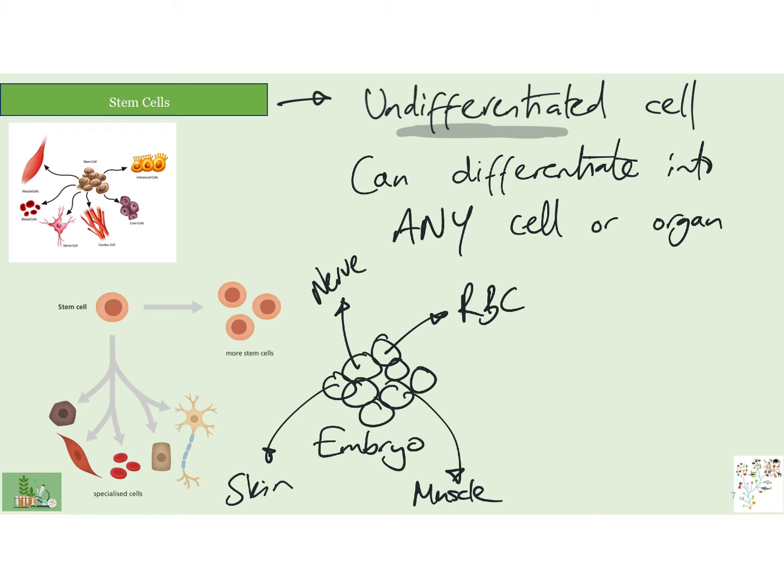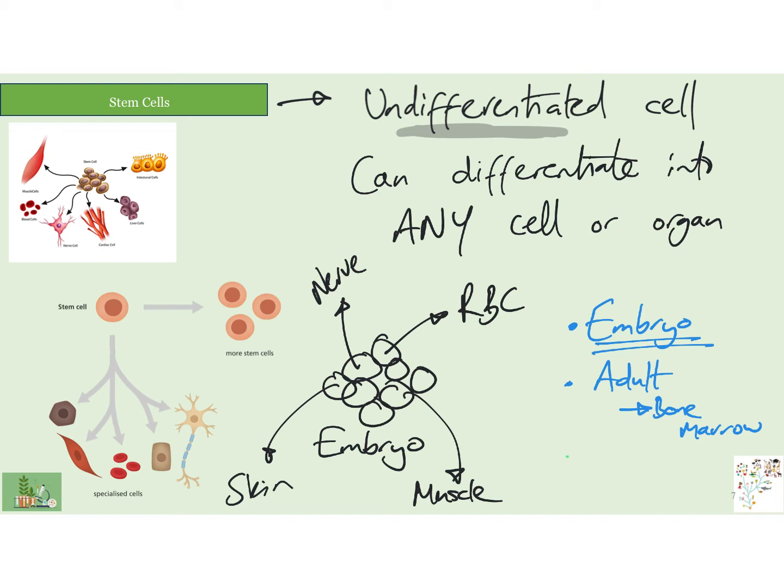There are 3 main examples we need to be aware of. One is animal or human embryo cells, which I said can become any cell or organ. We also then have adult stem cells. So in your body now, you have something called adult stem cells. In particular, they exist in your bone marrow, and they can differentiate into a group of cells or organs that we'll talk about in a second.